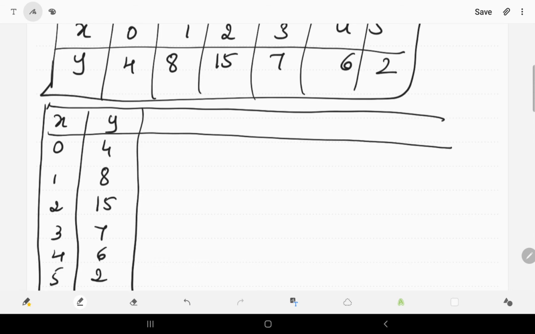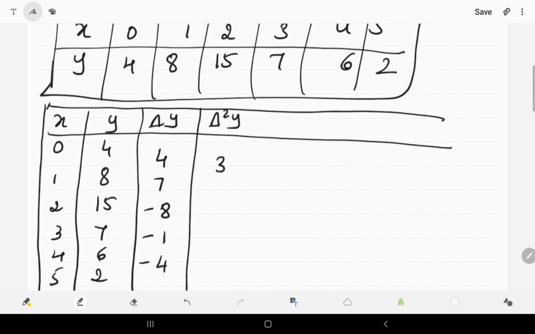First difference, delta y, is given by 4, 7, minus 8, minus 1, minus 4. The second difference is 3, minus 15, 7, minus 3.